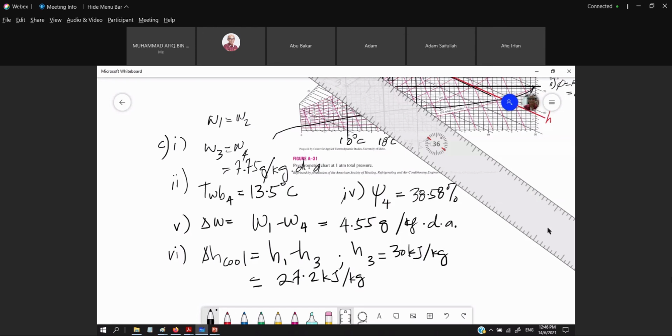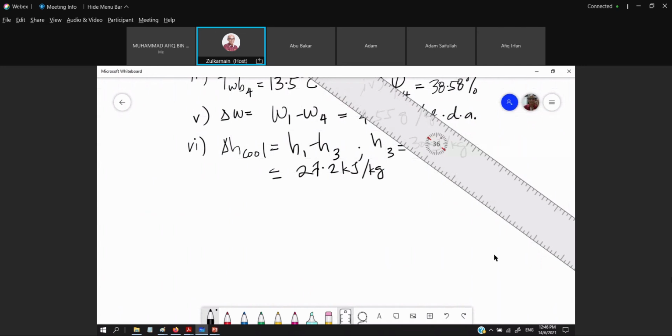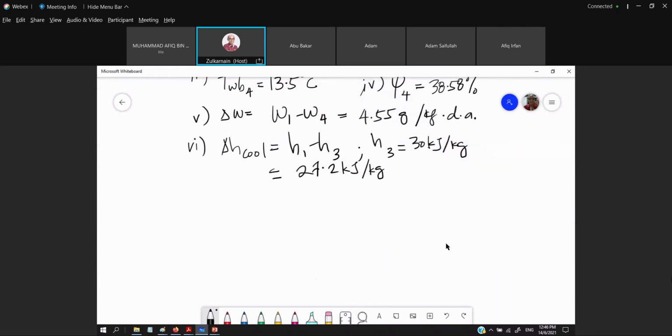And then the next delta H that we want is the delta H for heating. That is cool. Then delta H for heating, which involving 3 to 4.